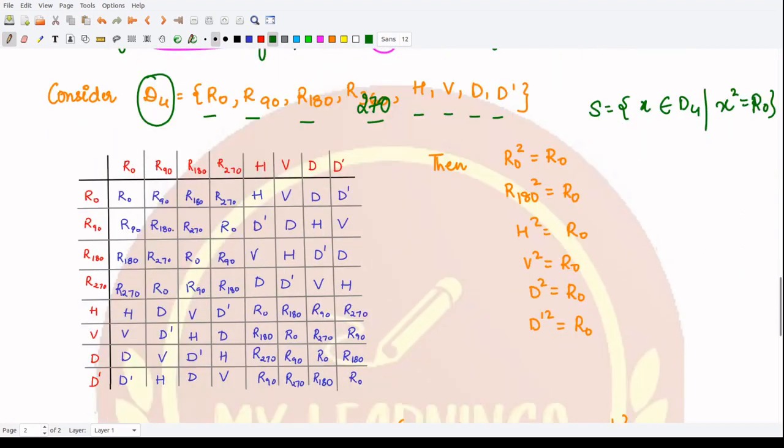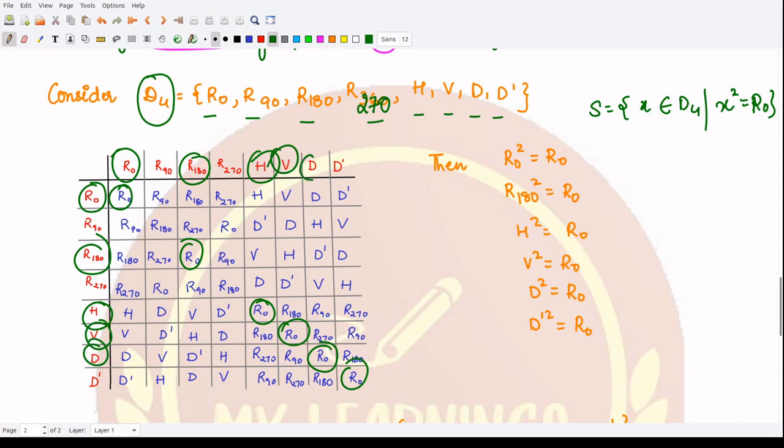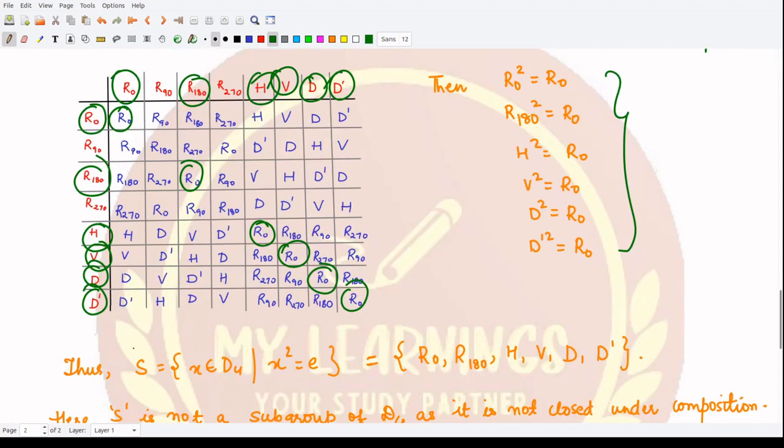You obtain R0 for only 6 elements here, because R0 times R0 is R0, R180 times R180 is R0, H times H is R0, V times V is R0, D times D is R0, and D dash times D dash is again R0. So you only have these 6 elements within your set S.